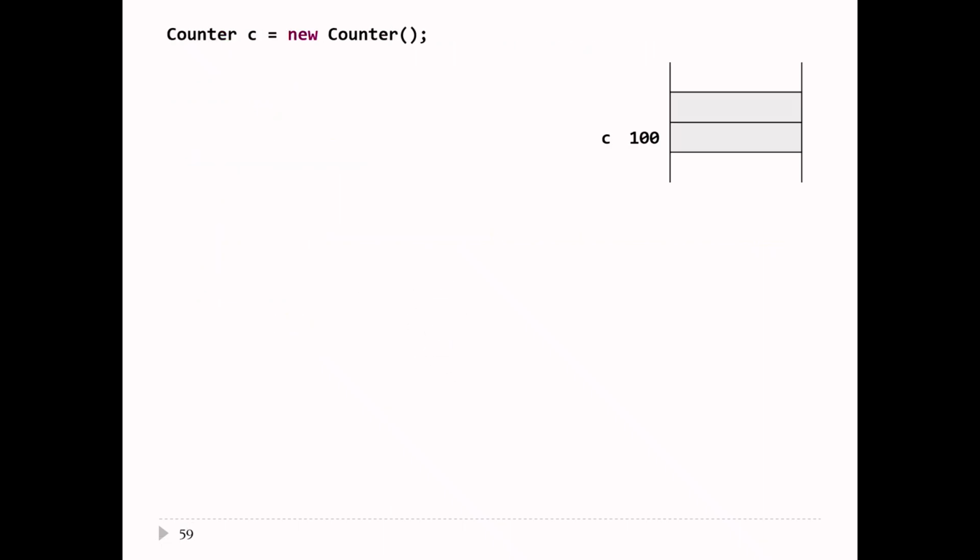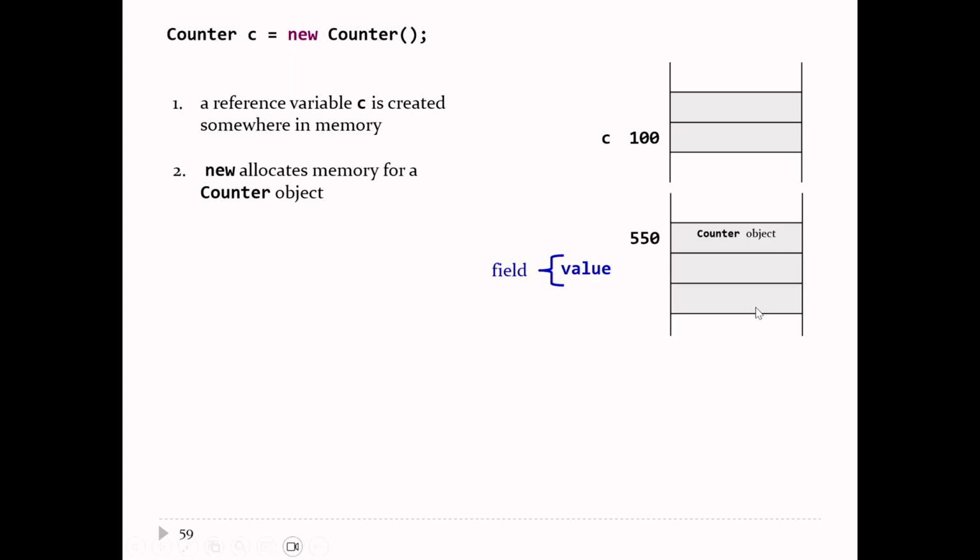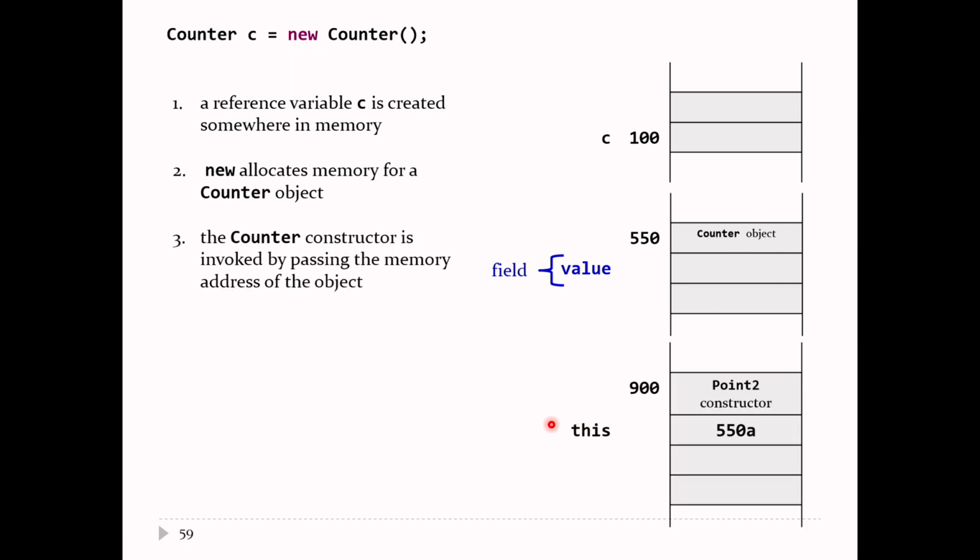One more time, just to reinforce what's actually going on. We make a counter variable c, so it gets created somewhere in memory. New runs, so it makes a copy of the counter class, plunks it down somewhere in memory. Memory is not initialized. New now calls the counter constructor, passes in the address of the newly created object to the constructor. So the constructor runs. It has a variable called this.